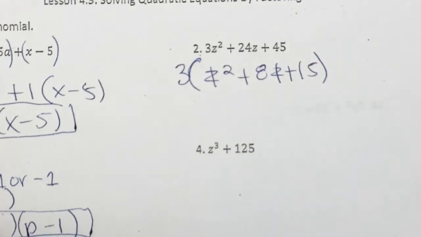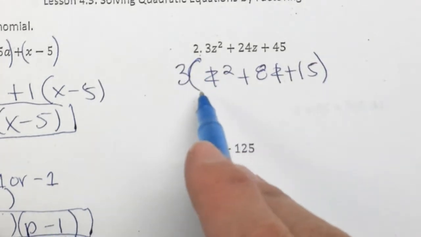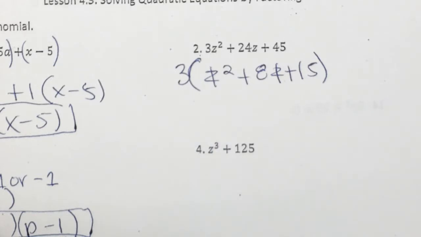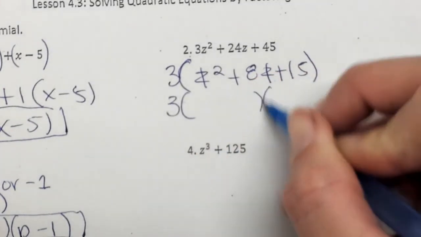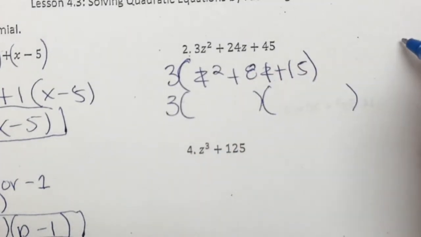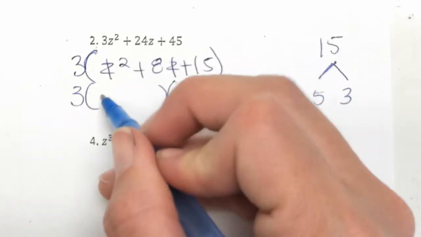Easy. Because your A is what now? 1. And aren't those a lot easier to factor than the one we did in your bell ringer? So, Nicole, what do I have to find factors of right here? That add together to get, so that's going to be, good, 5 and 3. So tell me what goes here.